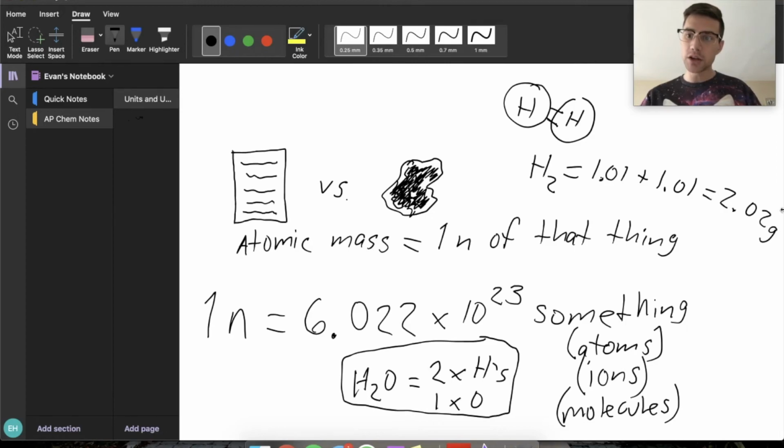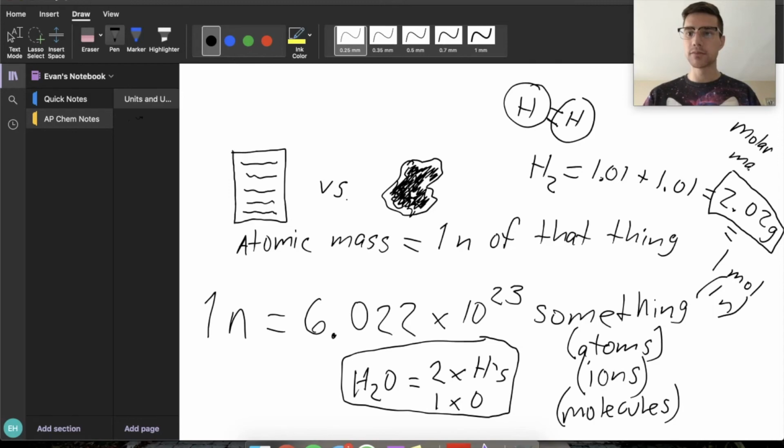So this many grams would equal 1 mole of hydrogen. This is the atomic mass, or the molar mass, because this is the mass of 1 mole of hydrogen gas.